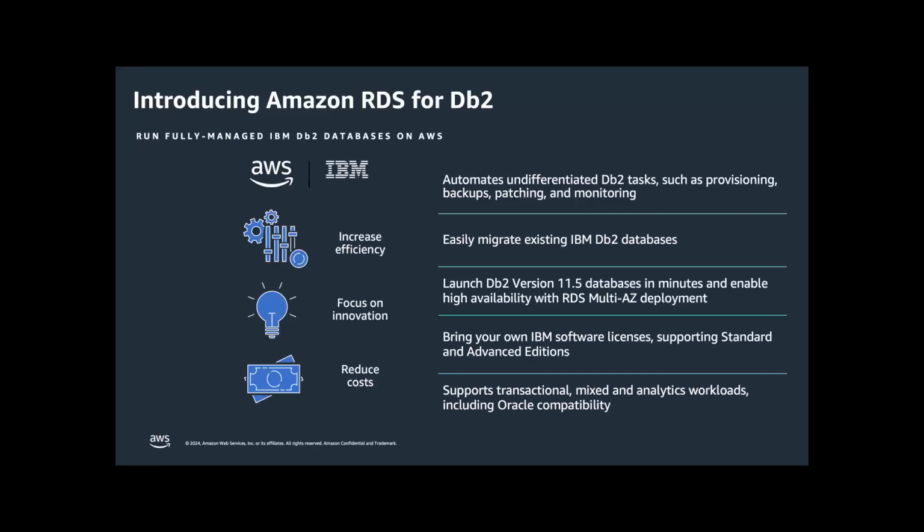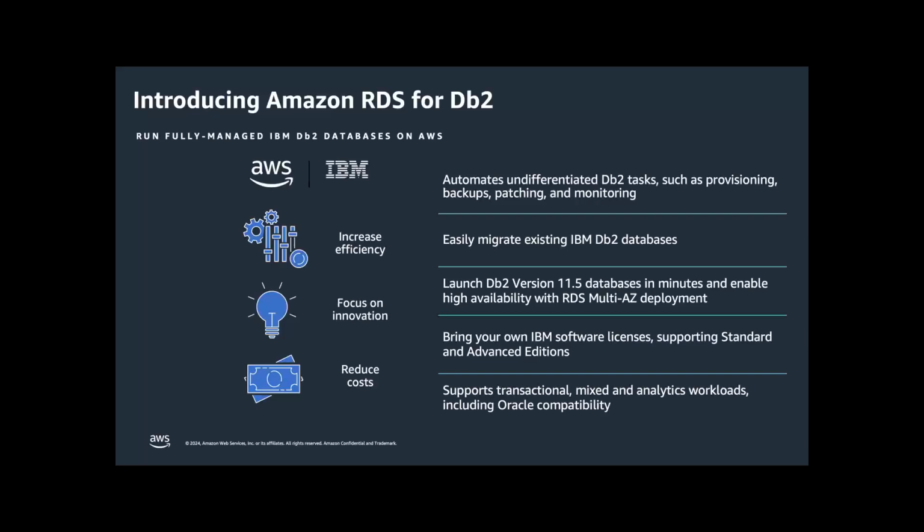If you're running DB2 LUW, you can easily migrate. If you're running on AIX, or even on mainframe, you could also migrate. You have migration options to migrate to RDS for DB2.